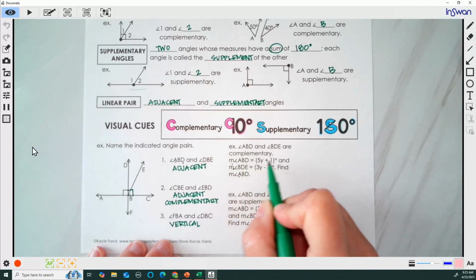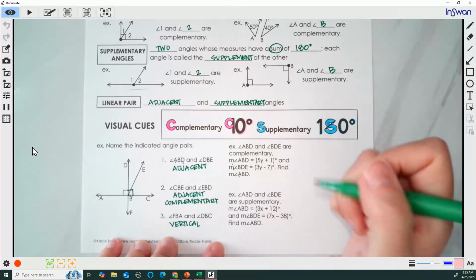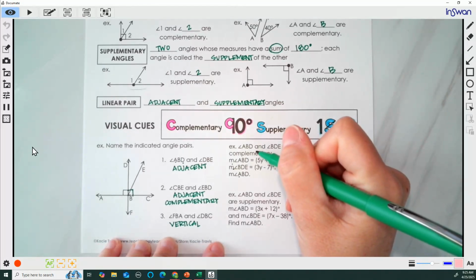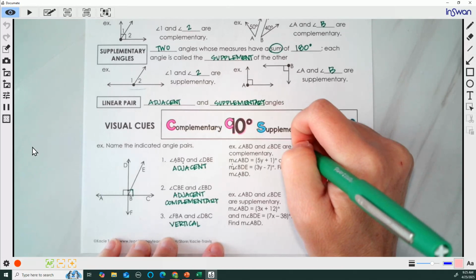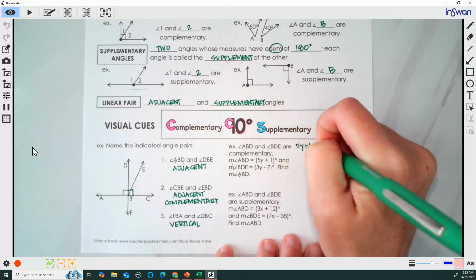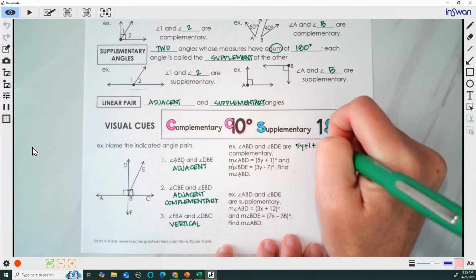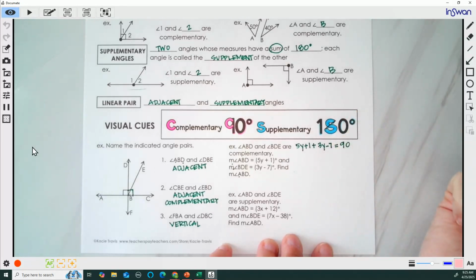But I can use what I've got here to algebraically find that actual measure. I know that since it's complementary, they have a sum of 90 degrees. So I can add 5y plus 1 to 3y minus 7, and they add up to a sum of 90 degrees.